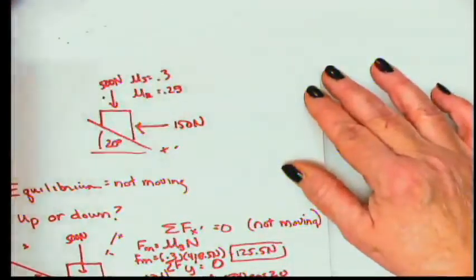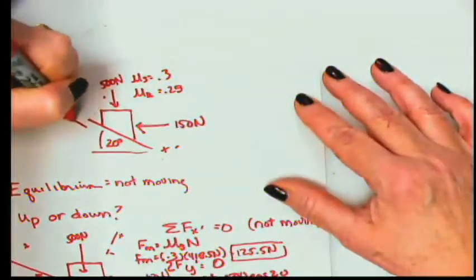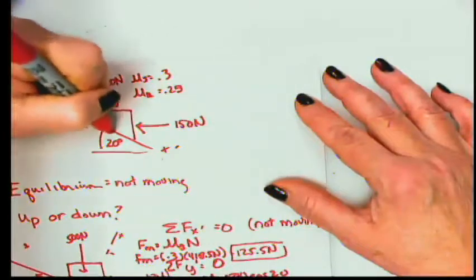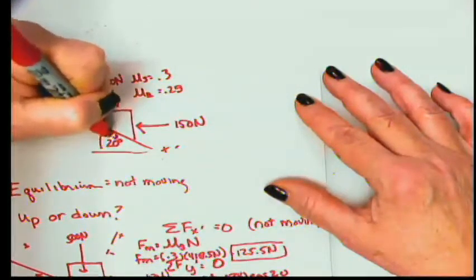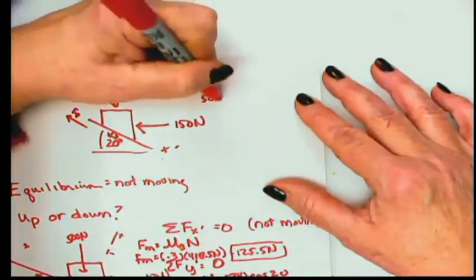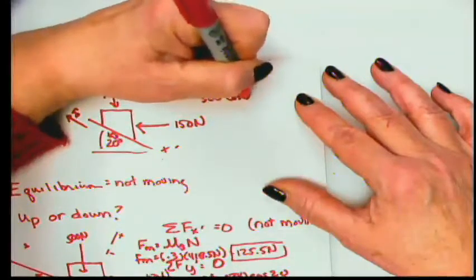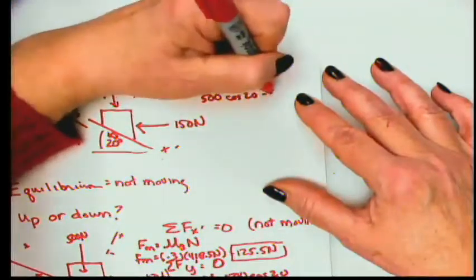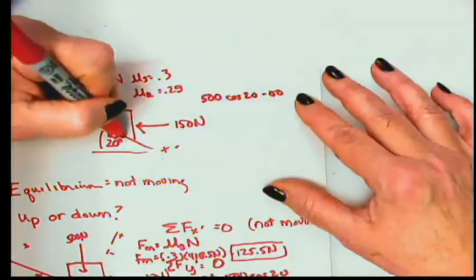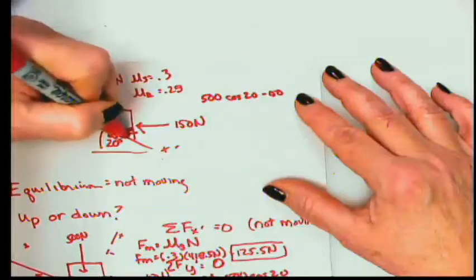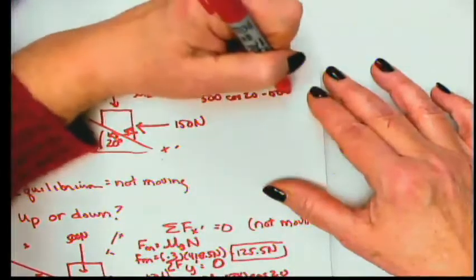All right, so going back to my original drawing then, in the x prime direction, I have the force of friction, and I have 500 times the cosine of 20 degrees, that's going down the plane, minus 150 times the sine of 20.